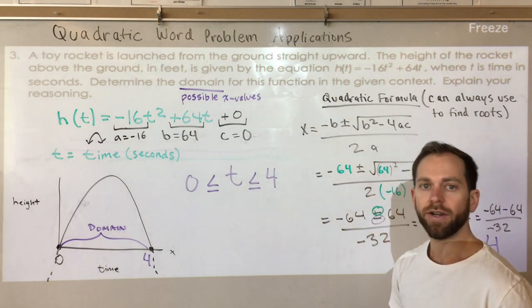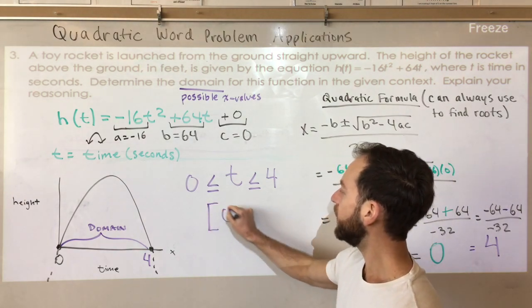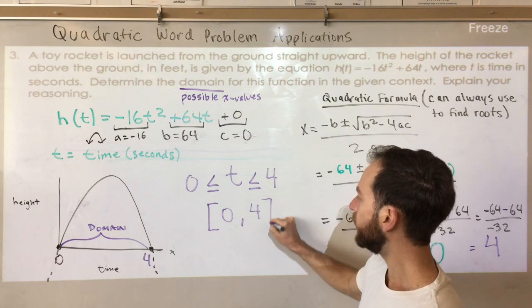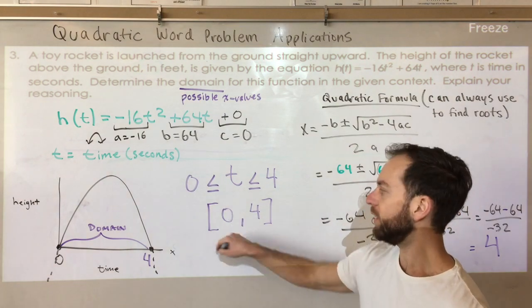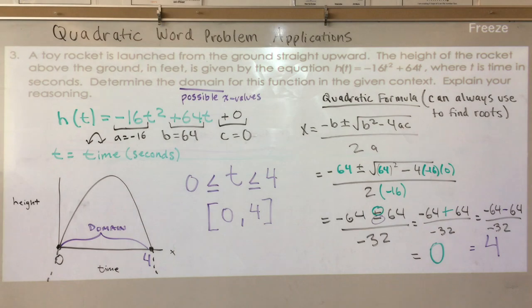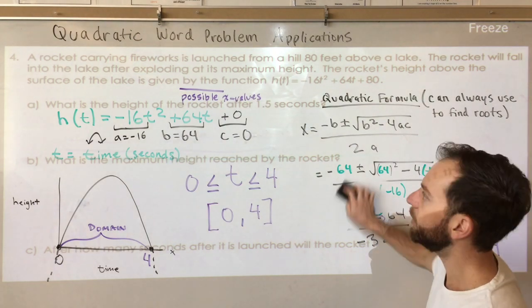Or we could also write it in interval notation as everything including 0 up to everything including 4. Remember, our brackets mean that we include it. Our parentheses mean that we do not include it. Let's look at problem number 4 now.